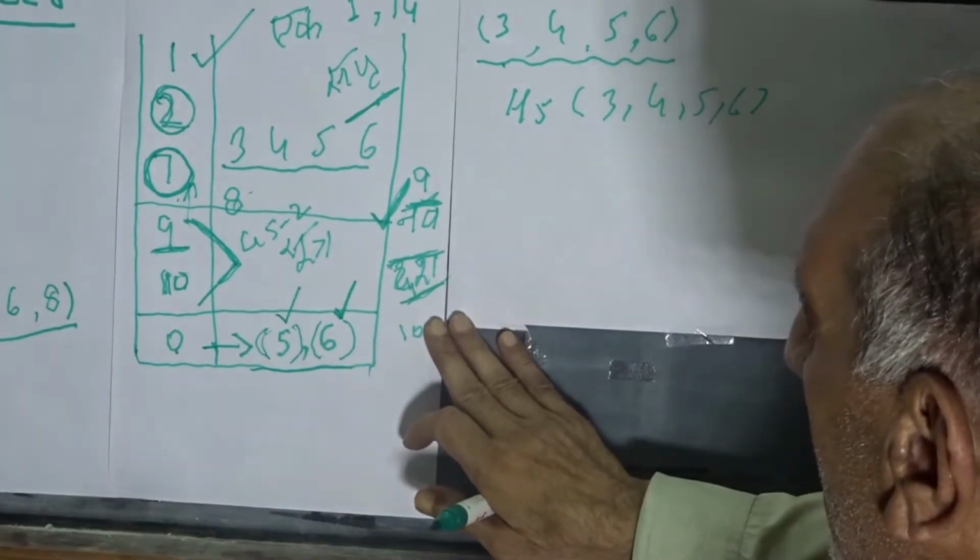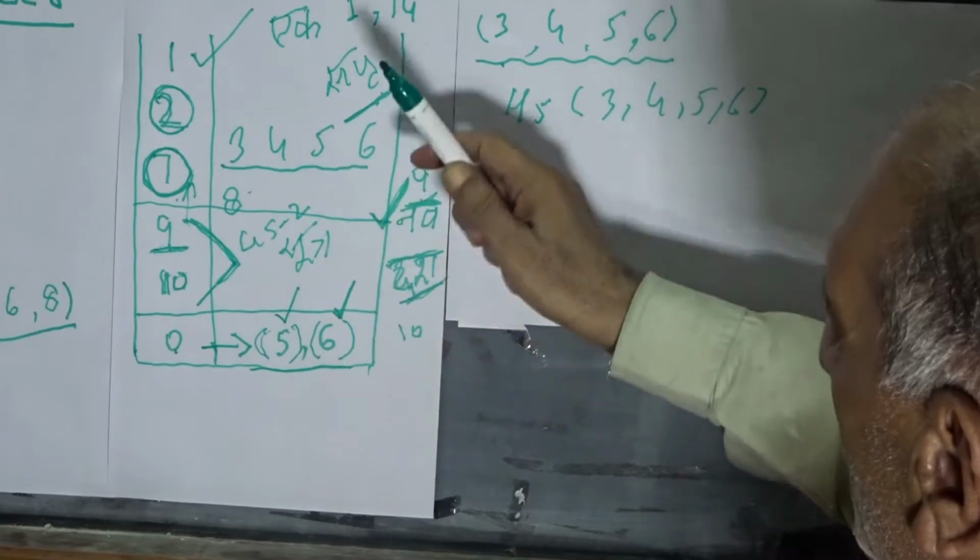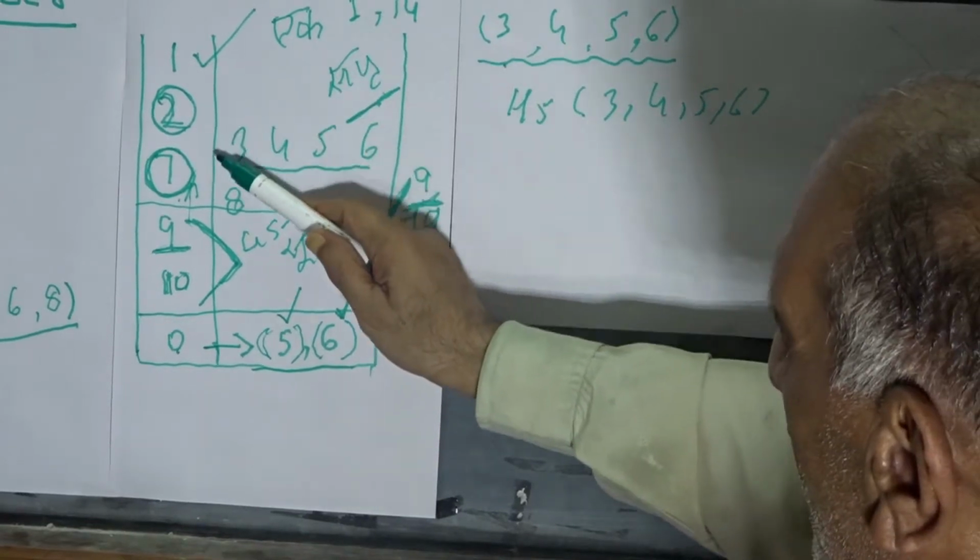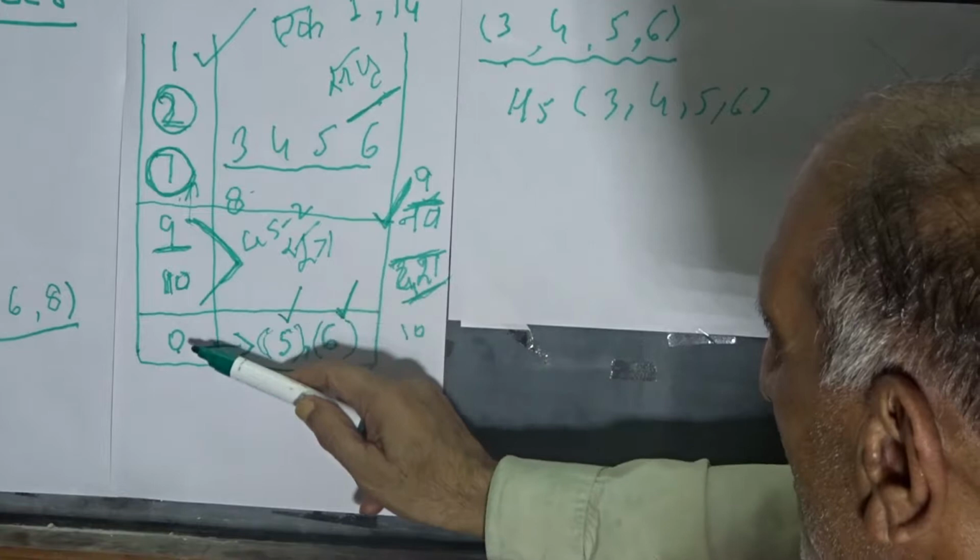Now these are the straightforward simple renderings of the formulations Ek, Dve, Sapt, Nav, Das and Shunya.